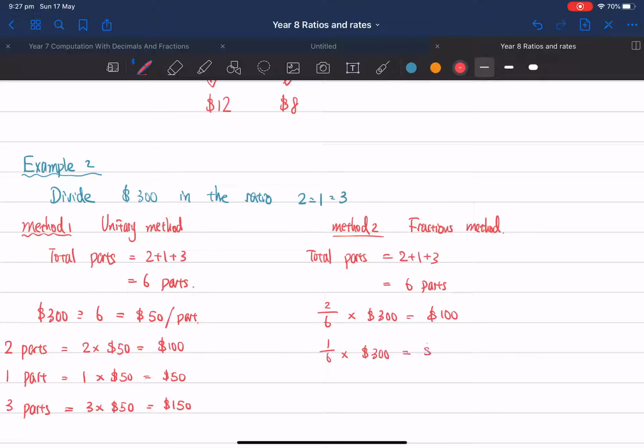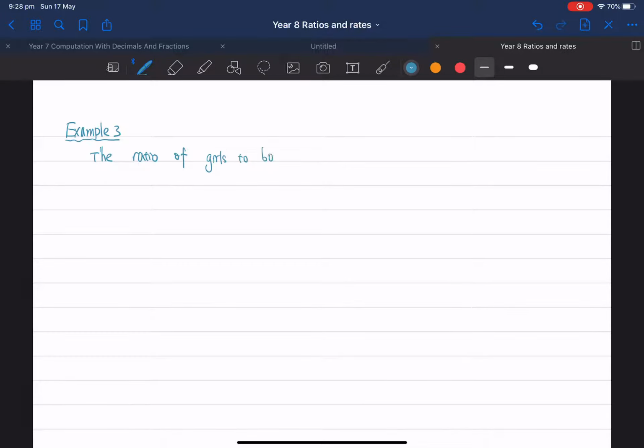So the ratio of girls to boys in a class is, let's use an interesting one, 2 to 3. The ratio of girls to boys in a class is 2 to 3.